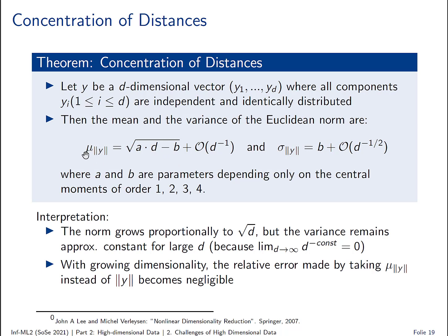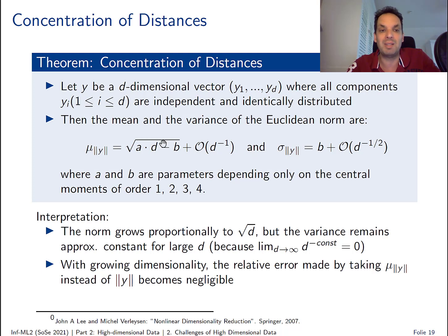So the expected value of the norm grows with dimensionality by a square root of d factor, but the variance remains the same, meaning that the values get larger, but the relative contrast between the individual values, the variance, remains more or less the same.